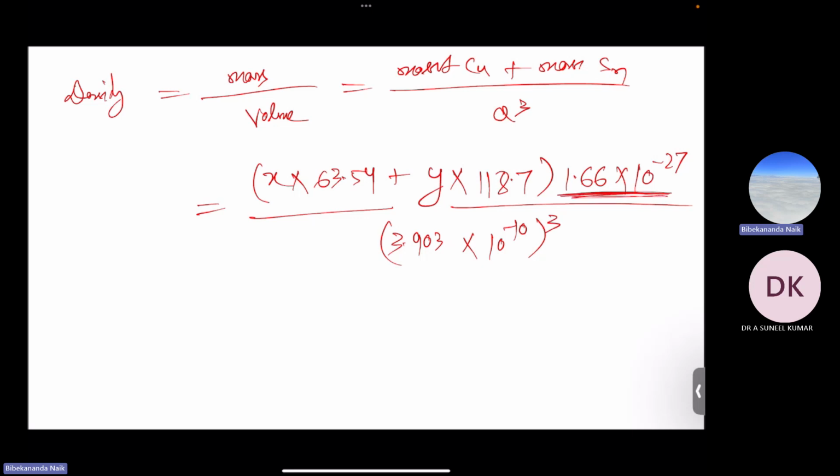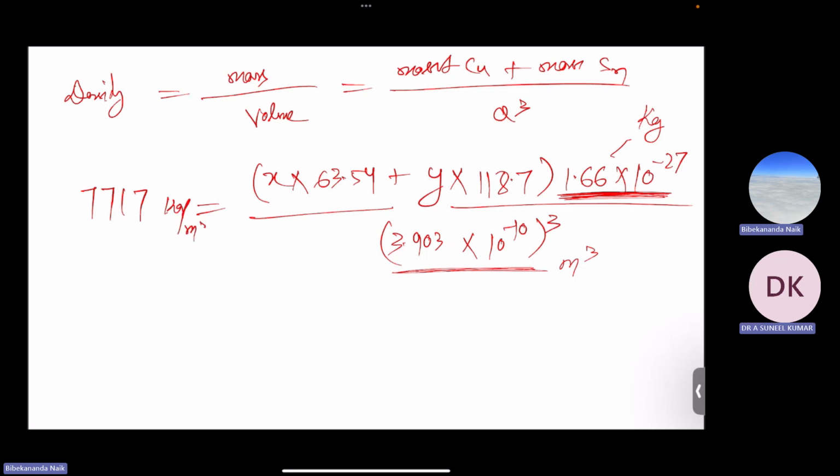This is in kg, 1.66 into 10 to the minus 27 kg. That's why we converted it into meter cube. So the density is given in kg per meter cube, which is 7,717 kg per meter cube.